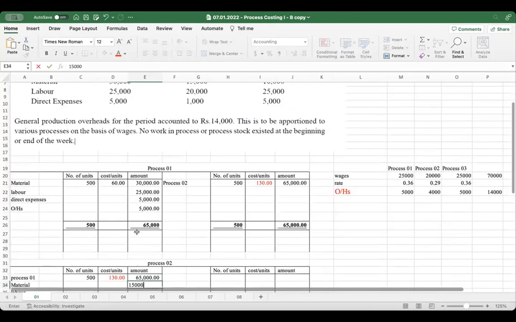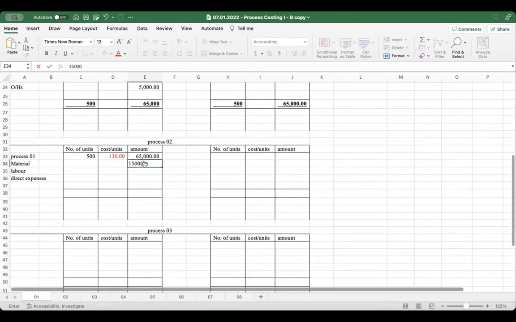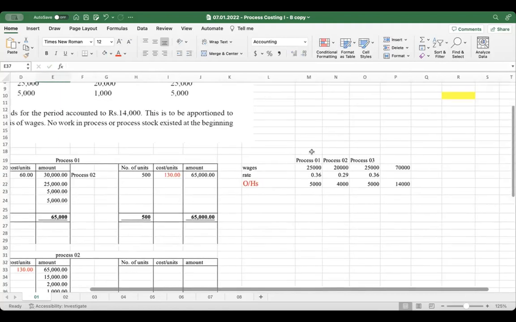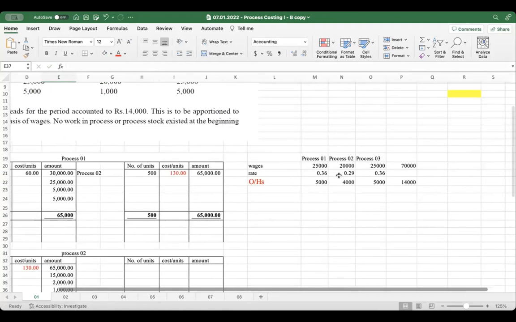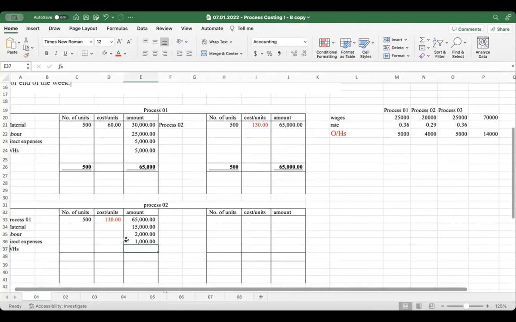Then labor 20,000. And direct expenses 1,000. What else? We have to put overheads here also. Okay. So overheads how much for process 2? Overhead cost will be 4,000.